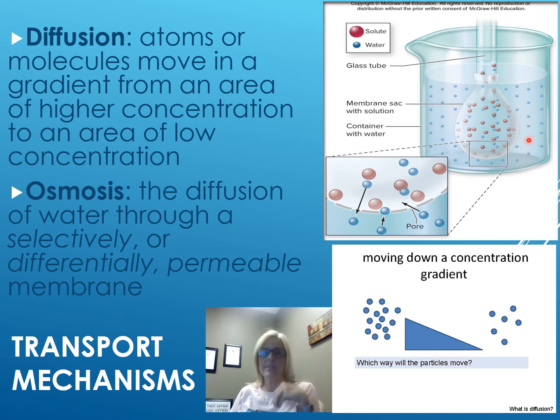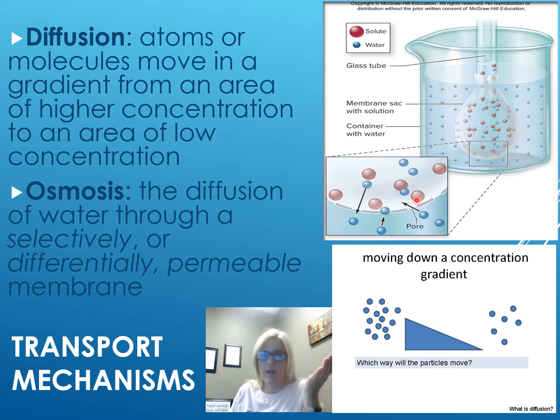So here this red substance is the solute, and you can see it is only inside of this sac here that's got a semi-permeable membrane. You can see these little pores here, all right? And so these are going to move in and out of the pore, okay?